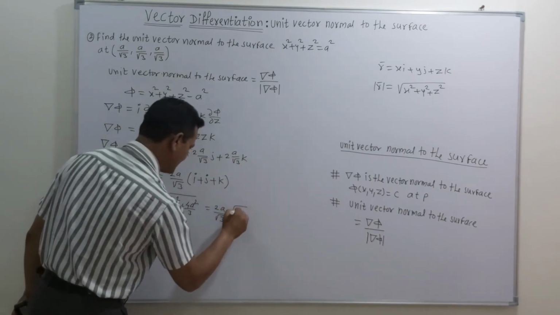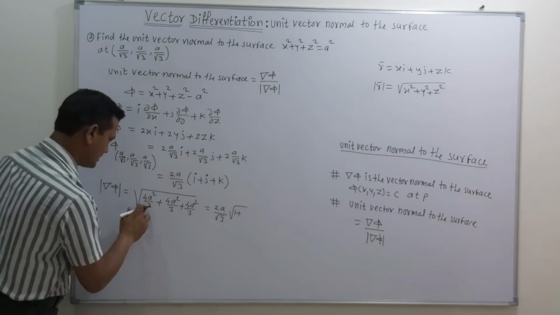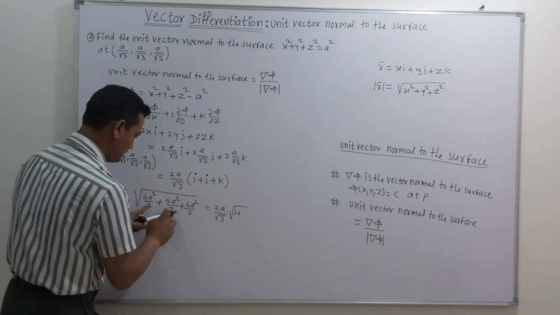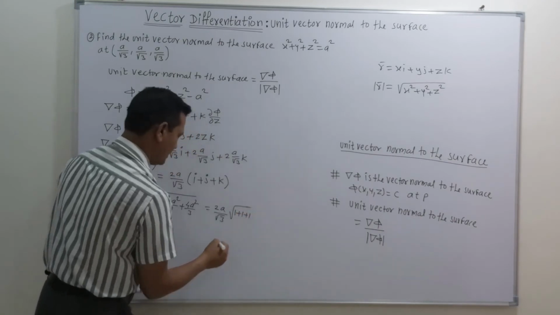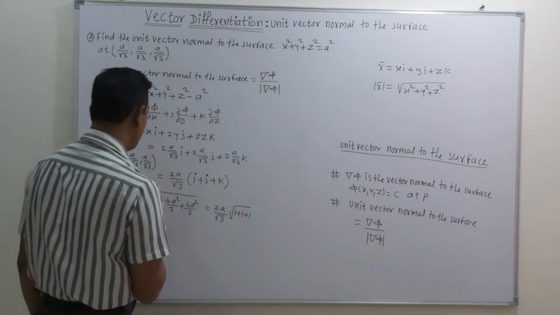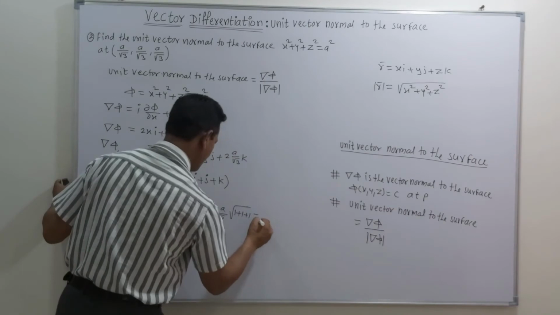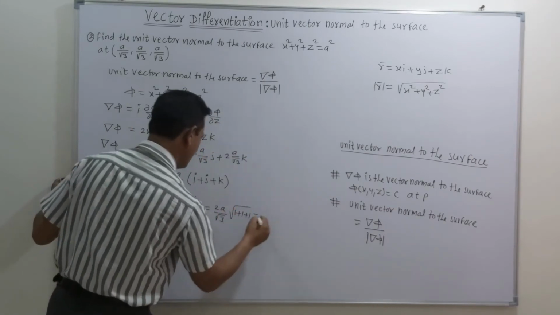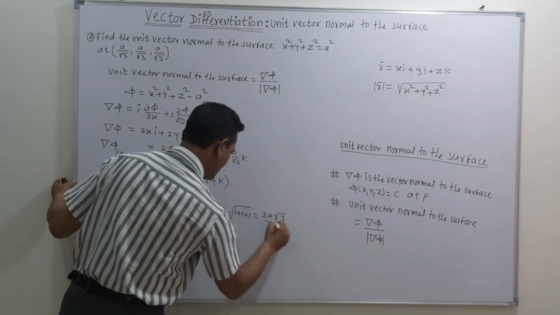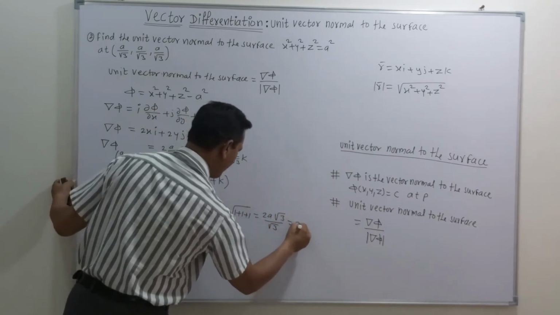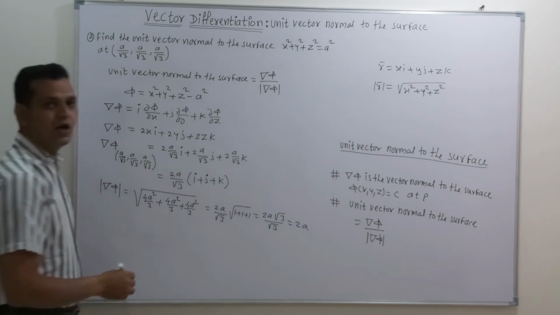Then in the bracket we get 1 plus 1 plus 1. So we can easily write this value as 2a, then root 3 upon root 3. So finally we reach the answer as 2a.